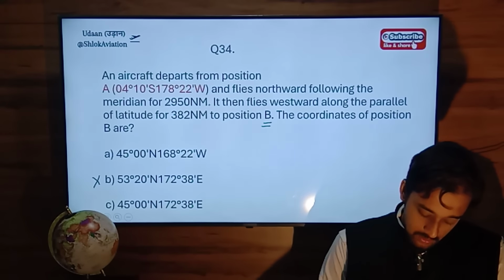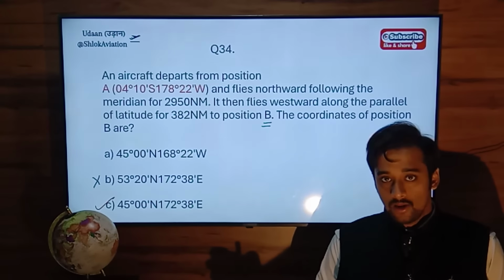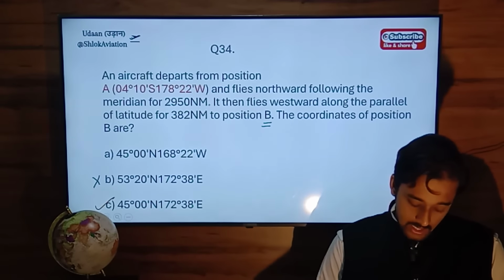So the correct option will be option Charlie: 45 north, 172 degrees 38 minutes east.